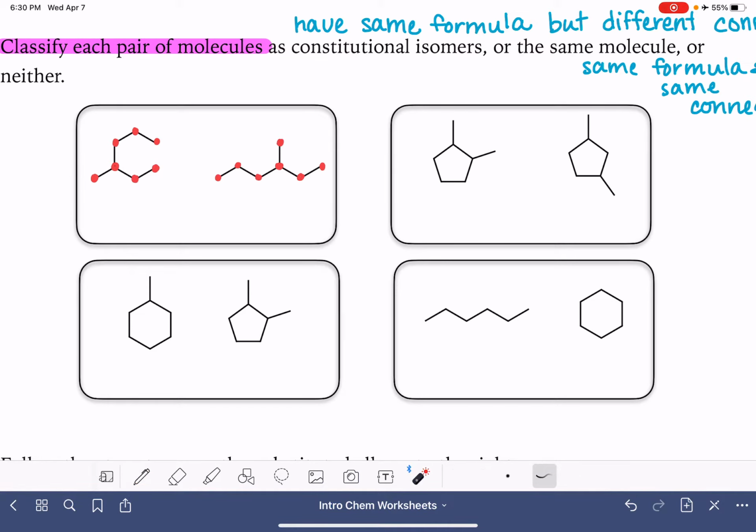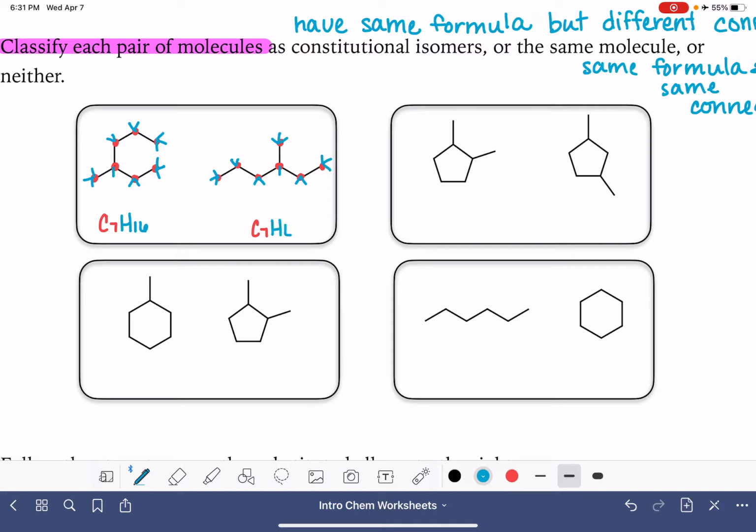And on the left-hand side, I come up with 1, 2, 3, 4, 5, 6, 7 carbons. I'm just going to write that underneath. And on the right-hand side, I've come up with 1, 2, 3, 4, 5, 6, 7 carbons. So they have the same number of carbon atoms. What about the hydrogen atoms? On the left side, 1, 2, 3, 4, 5, 6, 7, 8, 9, 10, 11, 12, 13, 14, 15, 16. 16 hydrogens, and on the right, also 16.